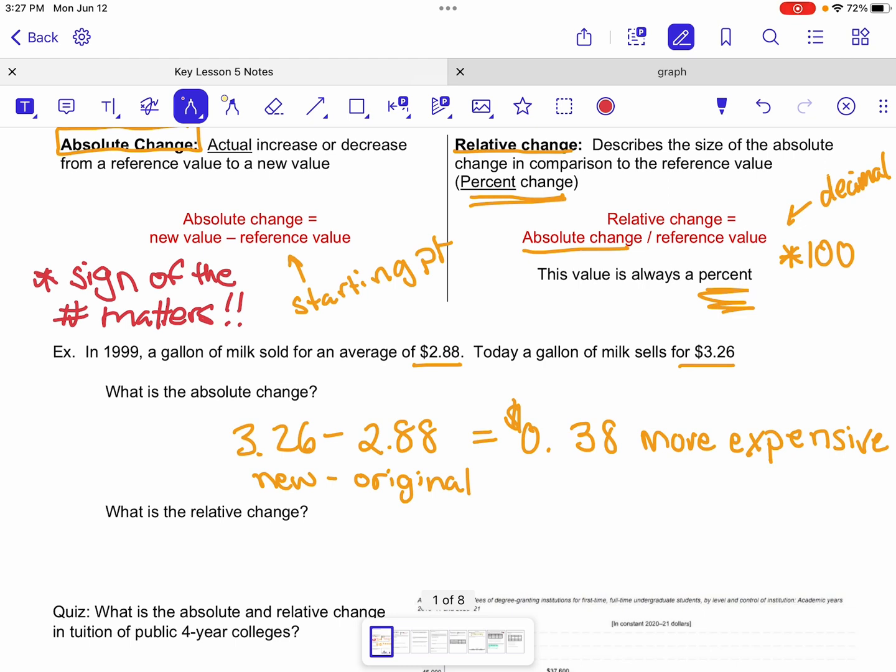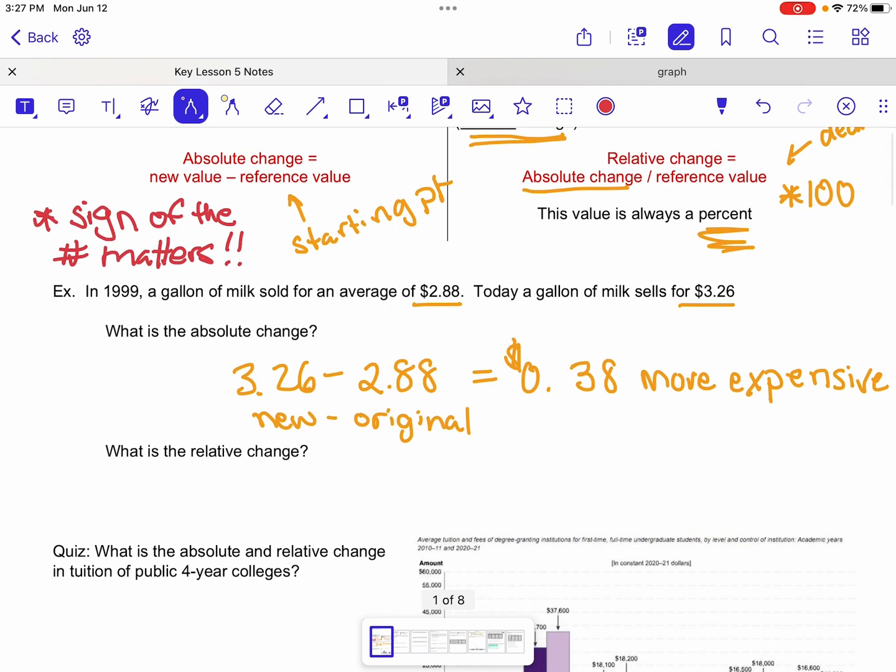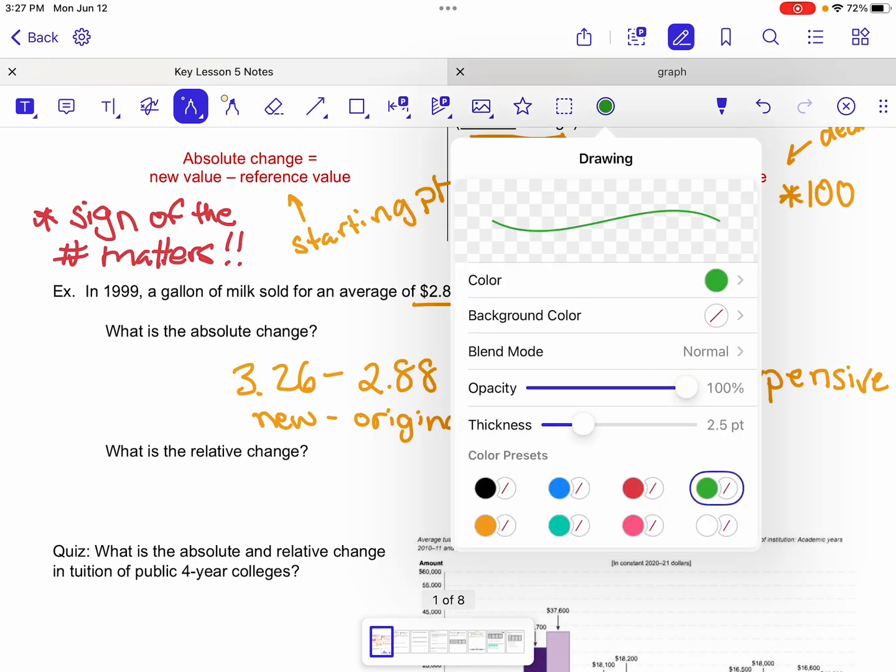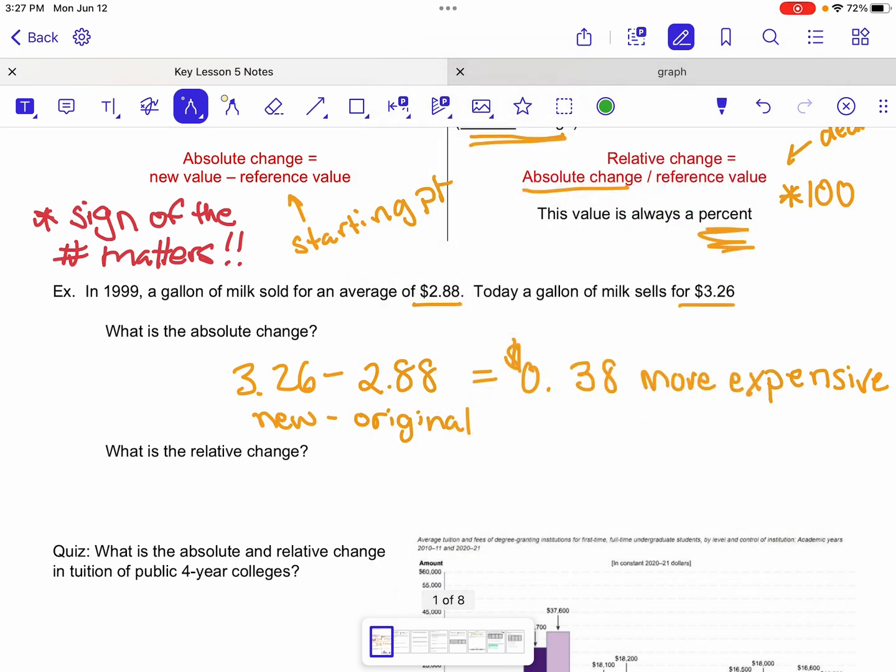Okay, now let's find the relative change. Relative change builds off of what we just did, but we're going to turn it into a percent. So we take that absolute change we already found, 0.38, and divide it by where we started from, 2.88. It's like, how much did it change out of how much we started from? We end up with 0.1319. This is a decimal, and we want to turn it into a percent.